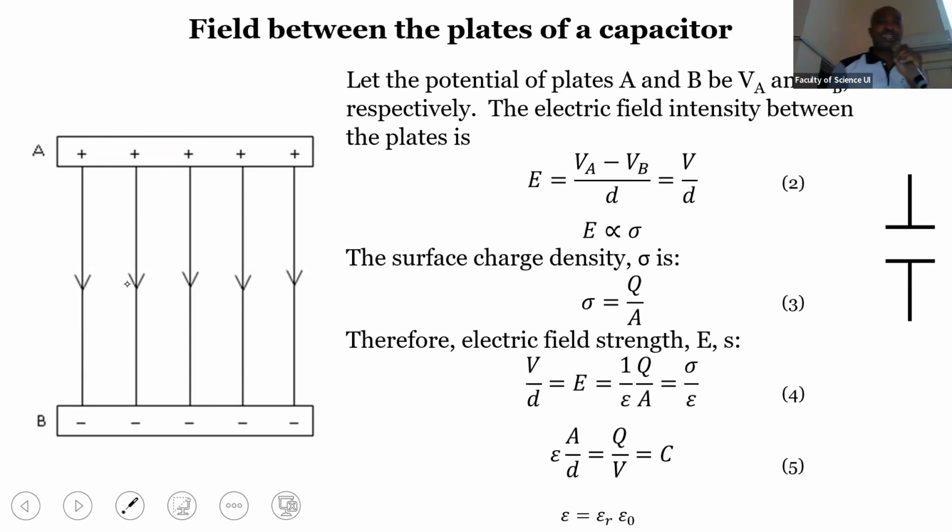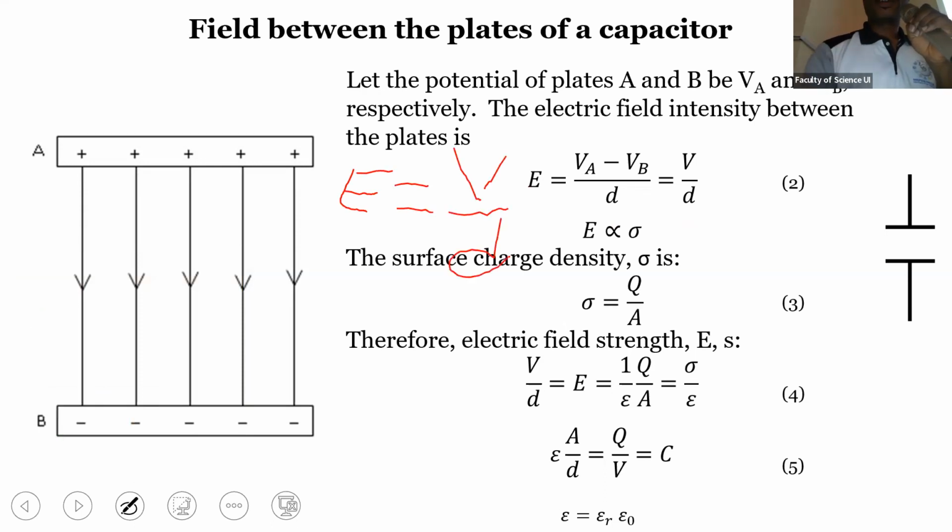So we should have come across this expression before, where we have said E is equal to V over D, have we? Anyway, we should have come across E equal to V over D from the definition of electric field strength and the definition of potential.